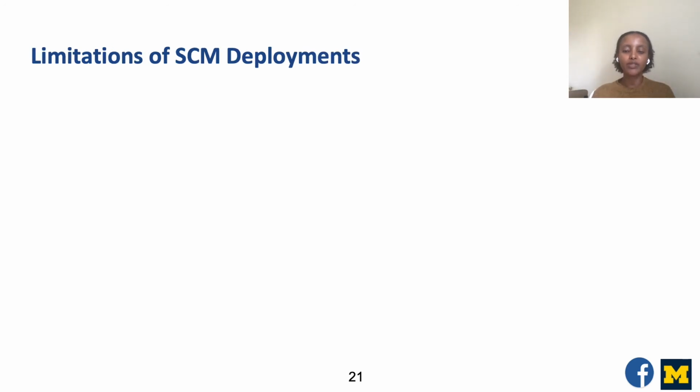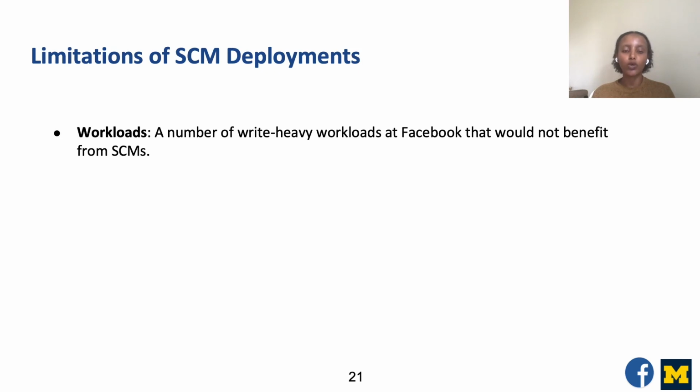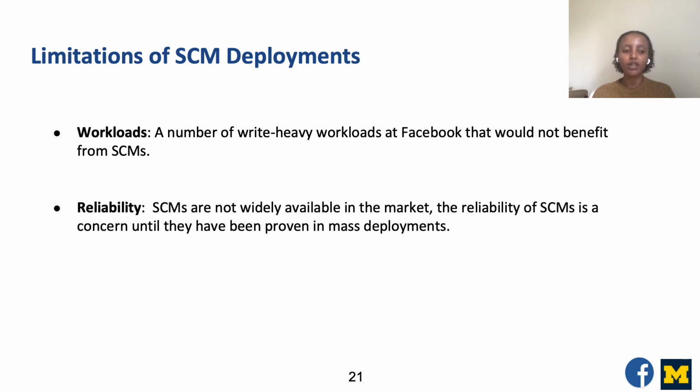Although SCM gave us good results, as shown here, it also comes with limitations. The first one is in workloads. We focused our analysis on read-dominated workloads, but there are also a number of write-heavy workloads at Facebook that would not benefit from SCMs. The second is reliability.